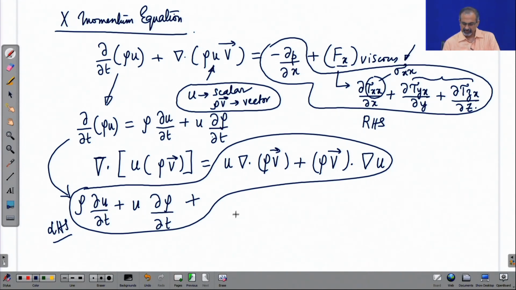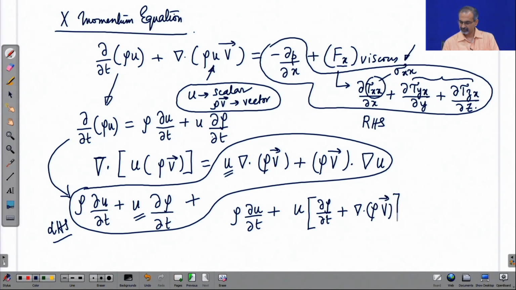So, in this left hand side, if you rearrange the terms, you will find it is rho del u del t plus, we will take the two terms which have u over here and we put them into a bracket. It will help us to recognize what it is.